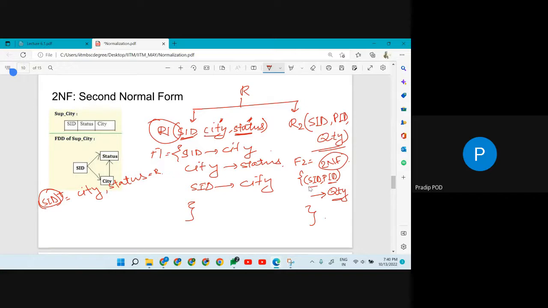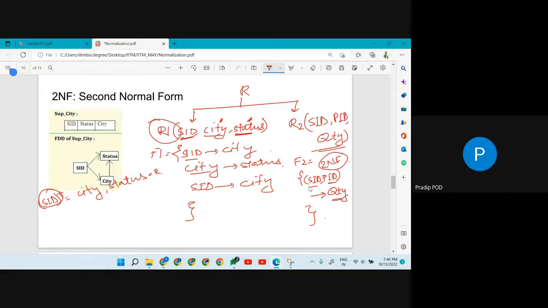So now you have to check one by one whether it satisfies the second NF condition or not. Is SID a proper subset of a candidate key? No, because it itself is a candidate key and it determines the non-prime attribute. Again, is CT a proper subset of a candidate key? No, and it determines a non-prime attribute.